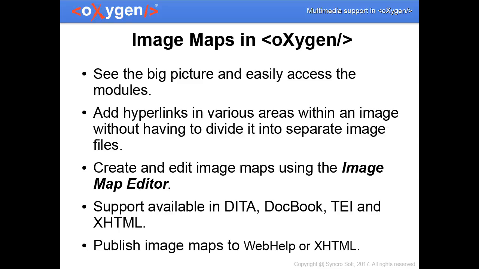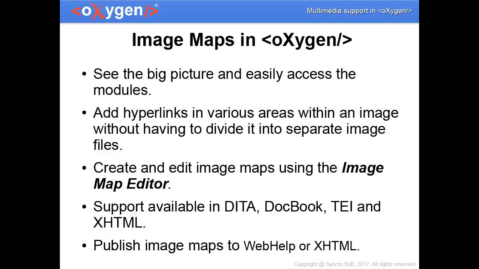We have it available in DITA, in DocBook, in TEI, and in XHTML. One of the main points with these image maps is that you can have the big picture of, let's say, a complex mechanism, and then you can access information about each part, about each sub-module of that complex mechanism.